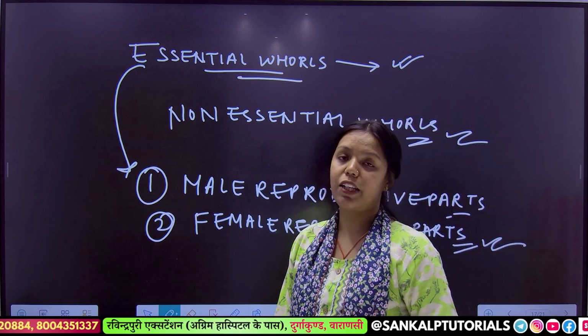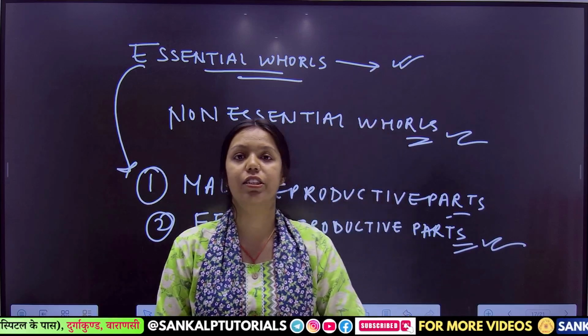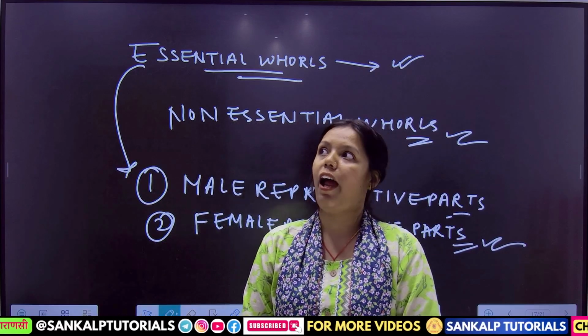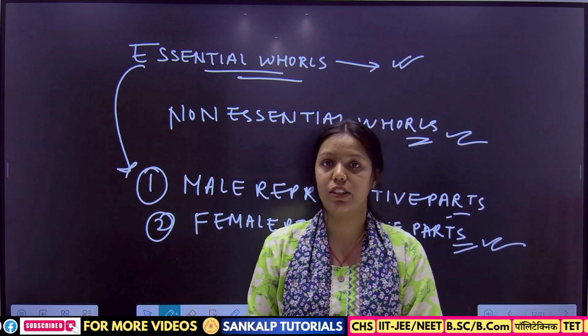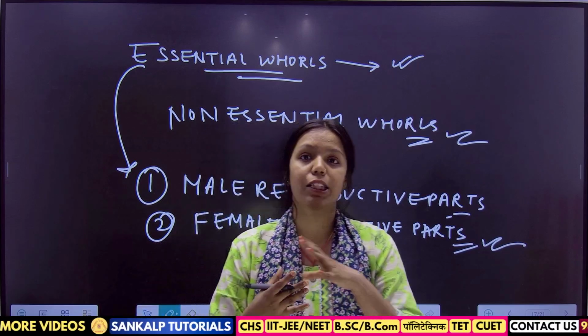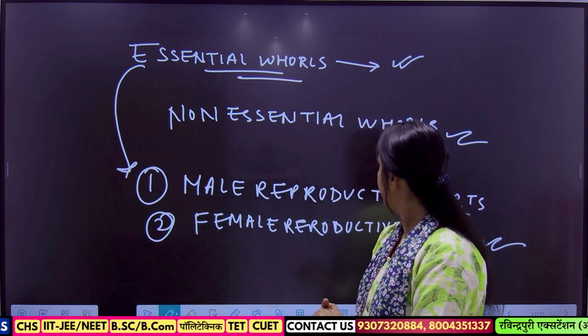Because in sexual reproduction the presence of sex organs is necessary, and in asexual reproduction there is no need of a sex organ or a specialized organ to perform reproduction.